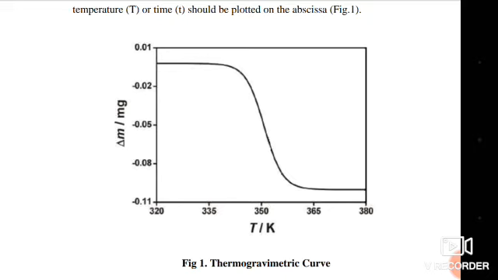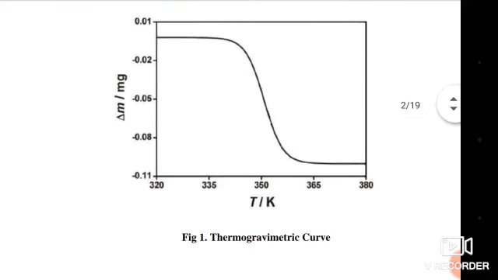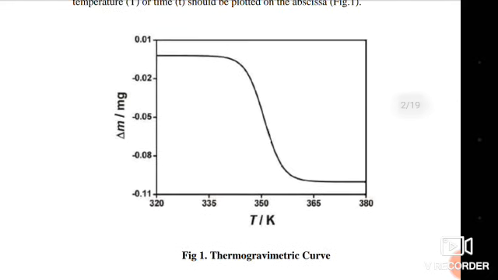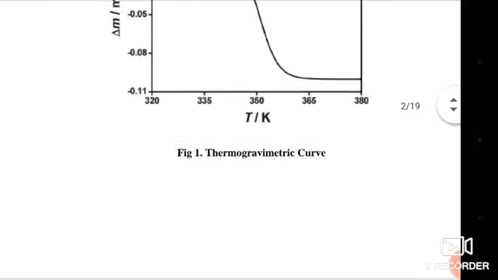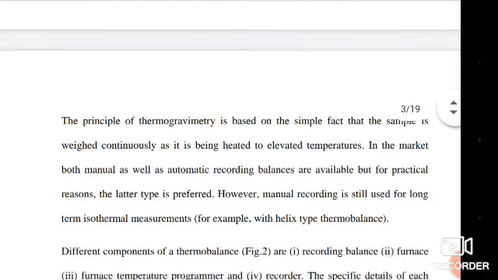See, this type of thermogravimetric curve we will get. So temperature on the x-axis, temperature over time, and the change in the mass, delta m in milligram, on the y-axis. So we will get such type of curve. So this curve gives the information about the results.